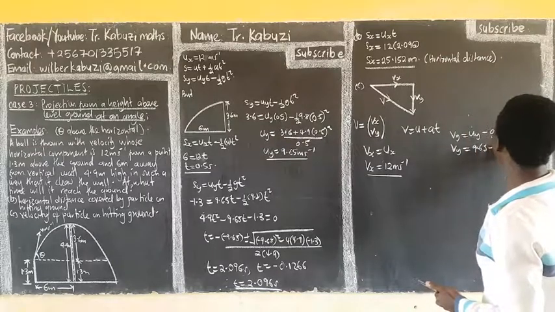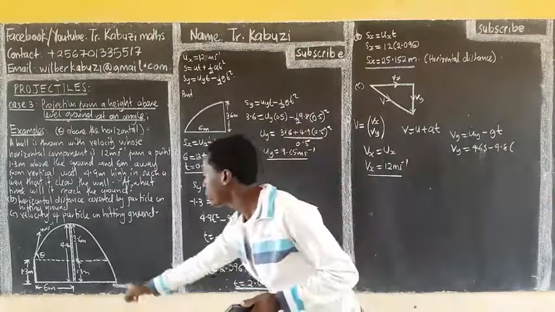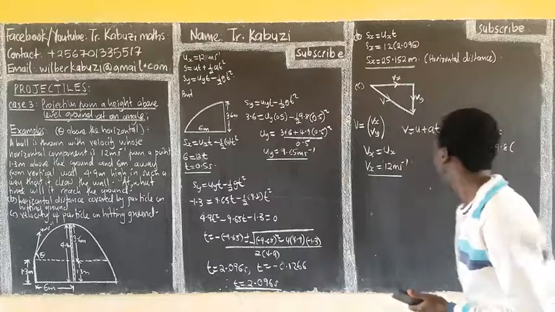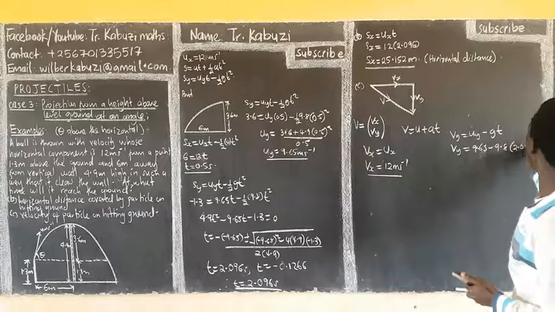then minus 9.8. By the time it hits the ground, it has used the time of 2.096 seconds.